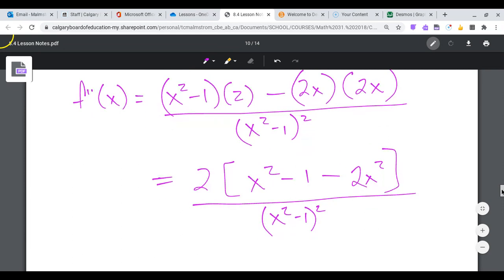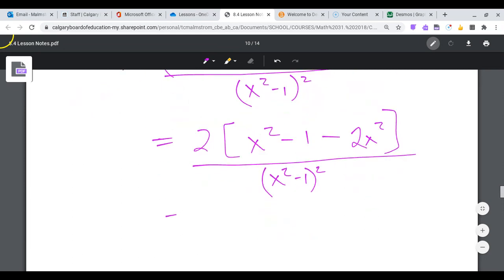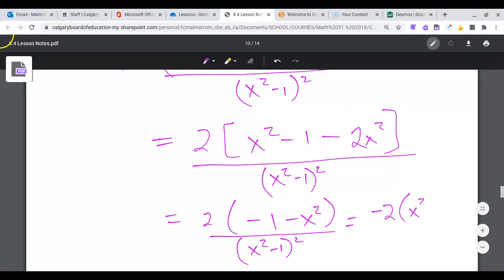And then that's going to leave me with negative 1 minus x squared on x squared minus 1 squared. We could then pull a negative out of that. So let's see, negative 2 times x squared plus 1 on x squared minus 1 squared. Whew! Okay, so there's my second derivative.